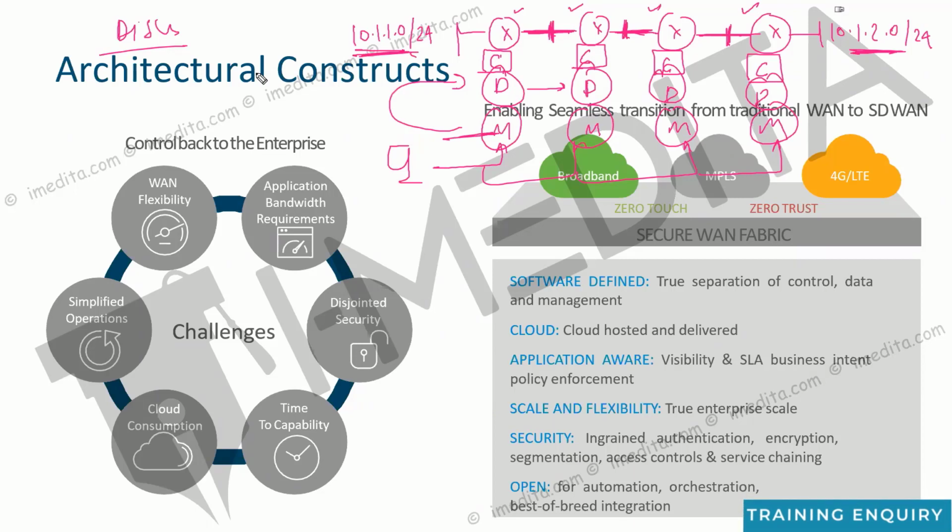In earlier days, since the control plane, data plane, and management plane were distributed, I had to do the management and ensure the control plane and data plane functionality on all the devices individually.